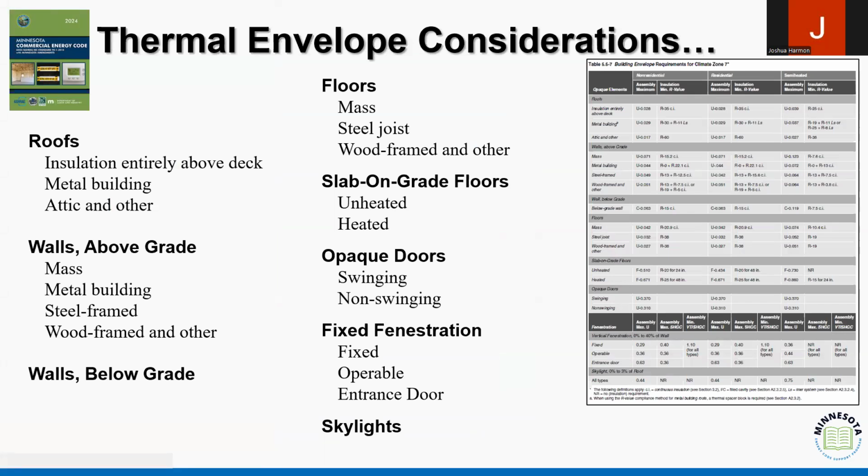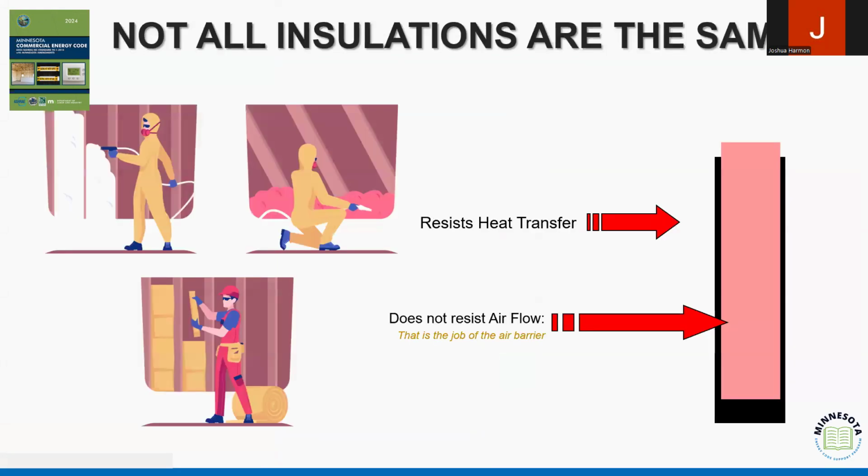When we think about the thermal envelope, we understand that not all insulation is the same. Some insulation, like fiberglass batt insulation or fiberglass blown insulation, is capable of resisting thermal transfer, but it's not doing the air barrier control.